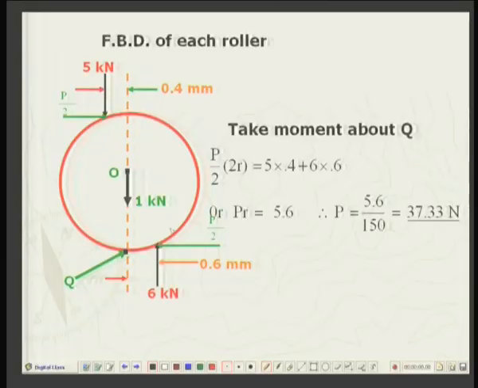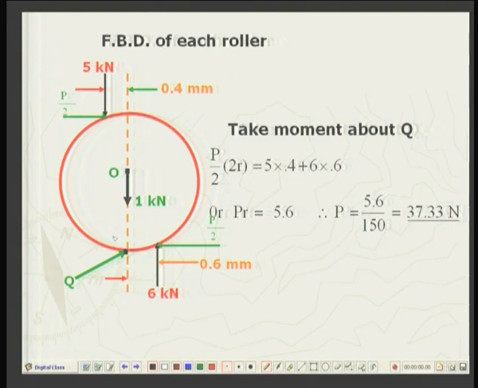Then we will look at the free body of each roller. Now once again I am looking at one roller. The normal reaction is 5 kilonewtons coming from the plank, and this will be acting at a point whose distance is A, that is coefficient of rolling resistance 0.4 millimeter.